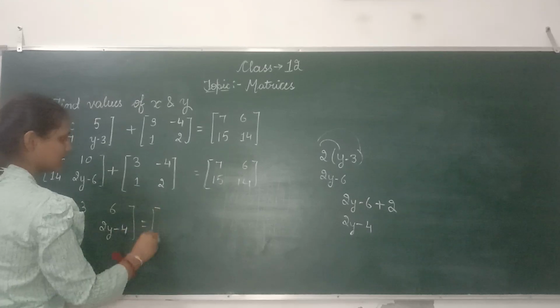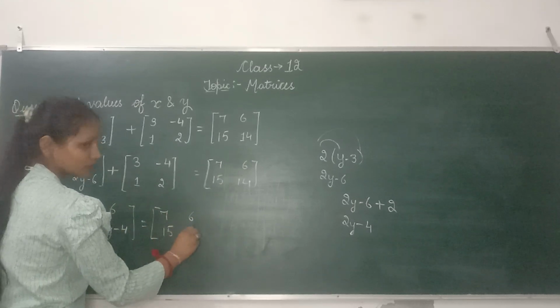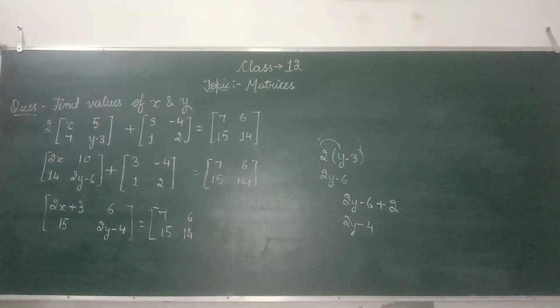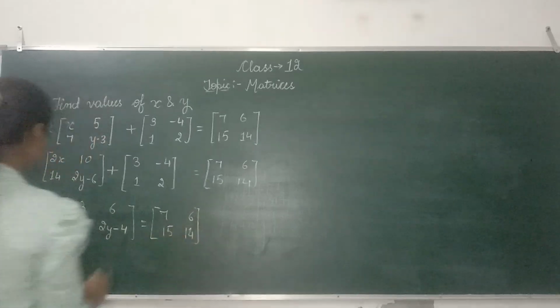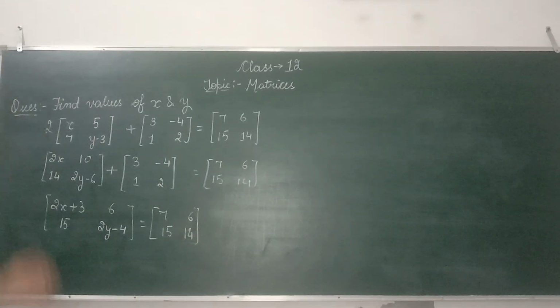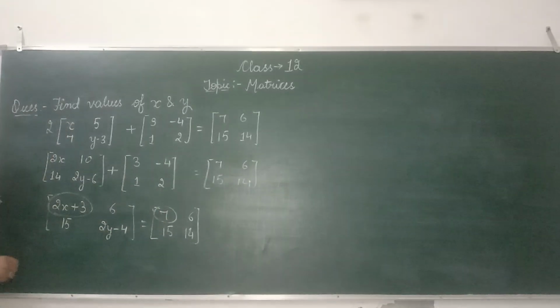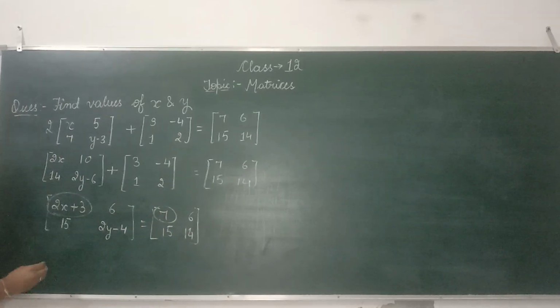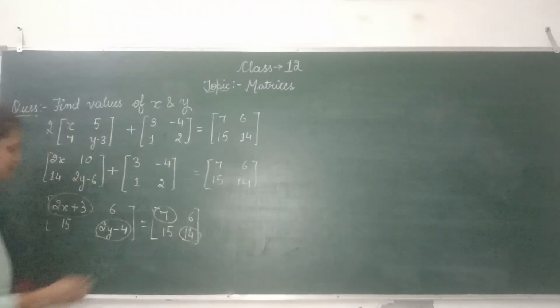We have to equate with the third matrix which is given. First element with the first element of the other matrix, and this 6 is equating to this one, and this fourth element to the fourth element.